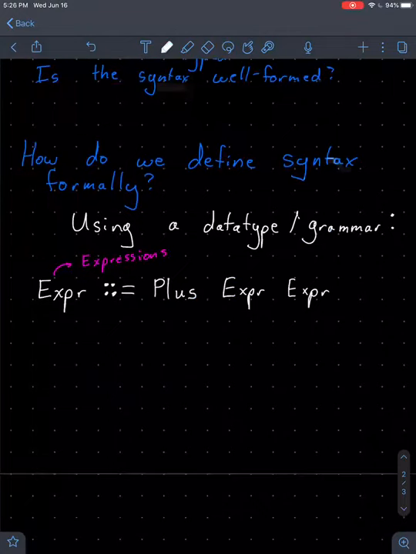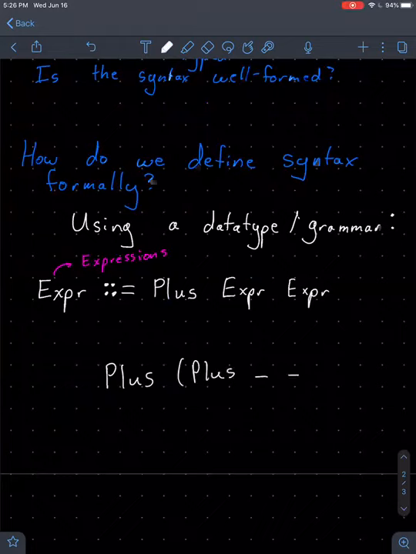If I wanted to create an instance of this, I could do plus, and plus takes another plus operator with something inside it, and another plus operator with something inside. That's legal syntax now. So I can nest my addition as much as I want.